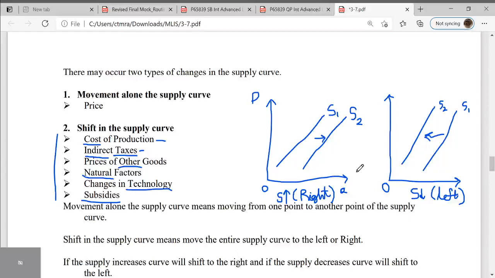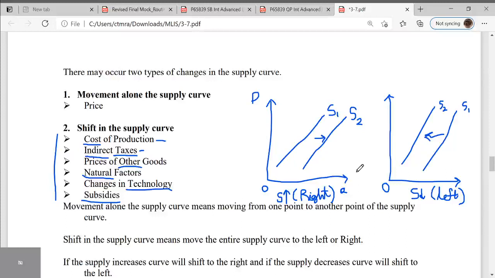Then think about our country, where flood is a very common situation. During a flood, what will happen to the supply of rice? We already discussed it, right? There will be a leftward shift. So you got the basic idea, and there will be different kinds of changes that lead to a shift or movement.